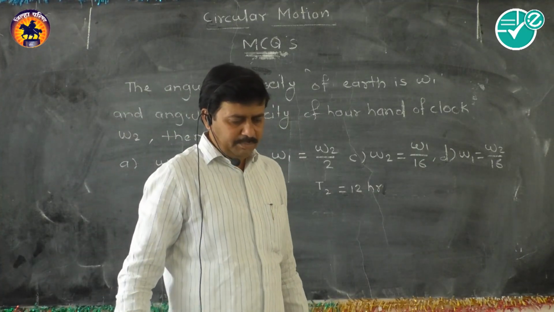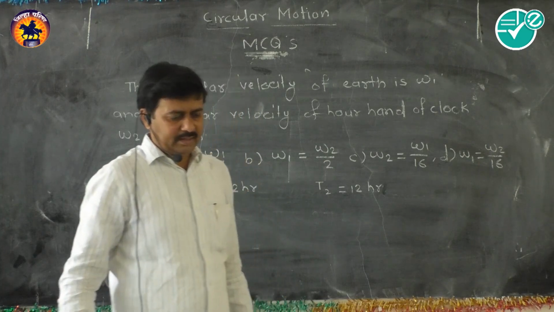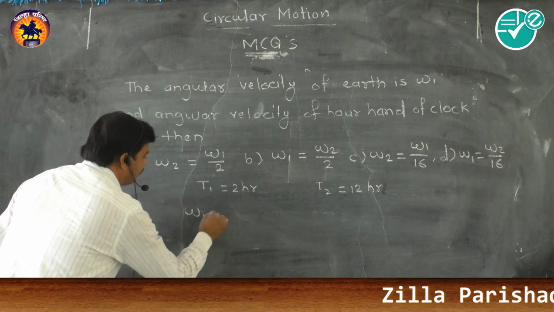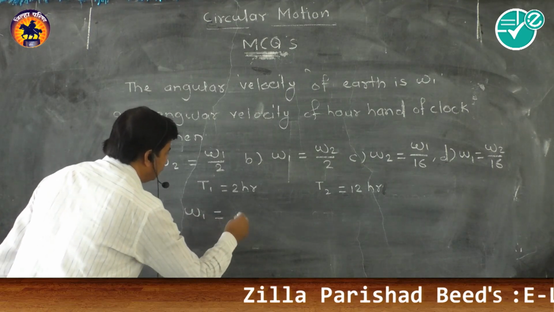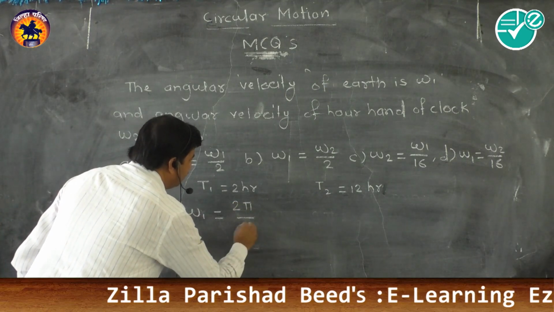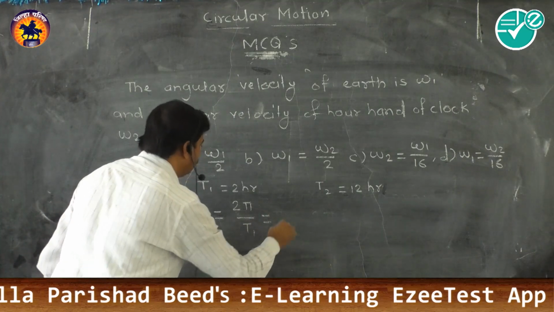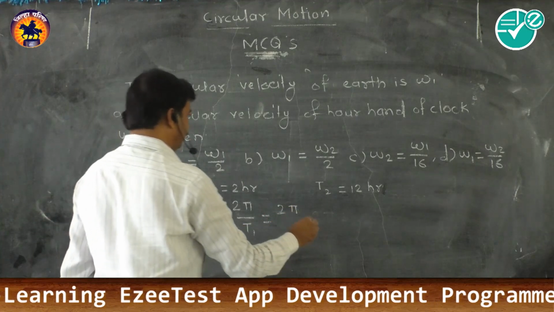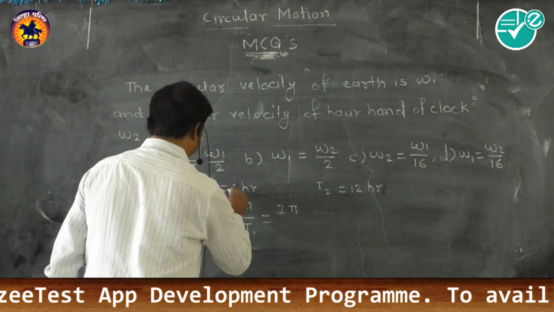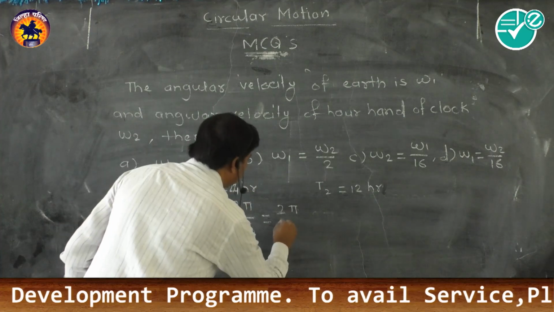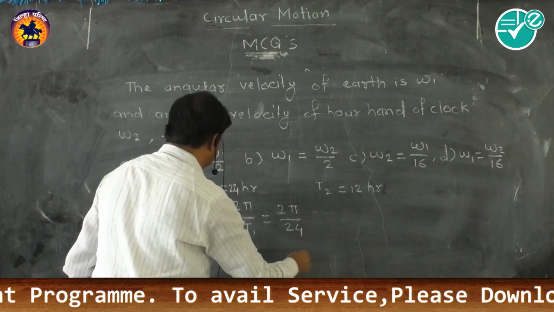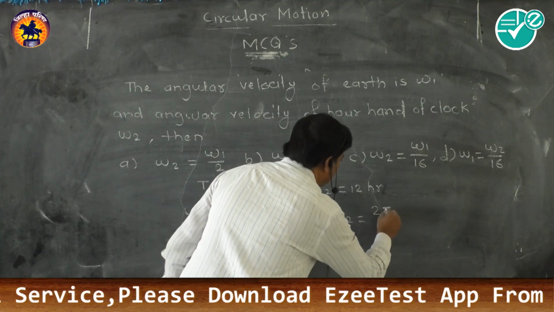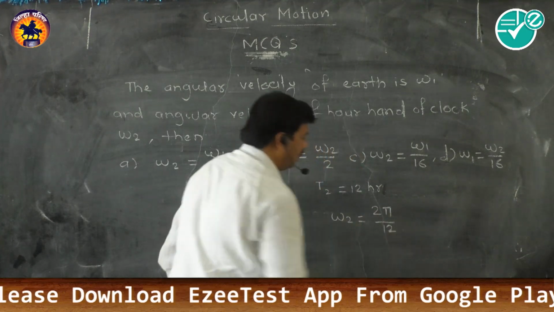So we can compare those. We know the angular velocity for the earth is 2 pi by T1, so that will be equal to 2 pi by 24, and the angular velocity of the hour hand will be equal to 2 pi by 12.